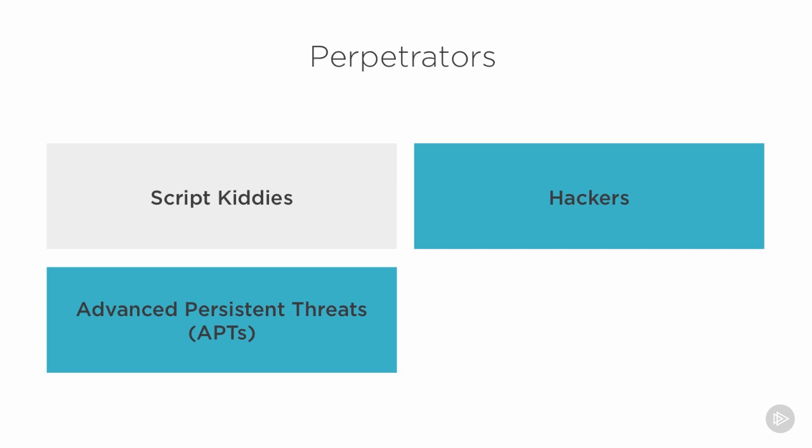And they are persistent threats because they don't just give up if it's difficult. In many cases, an APT is sponsored either by an organized criminal gang or else by another country's military. And the advanced persistent threat then has that motivation as well as the skill to be able to actually pose a significant risk to the targeted organization.